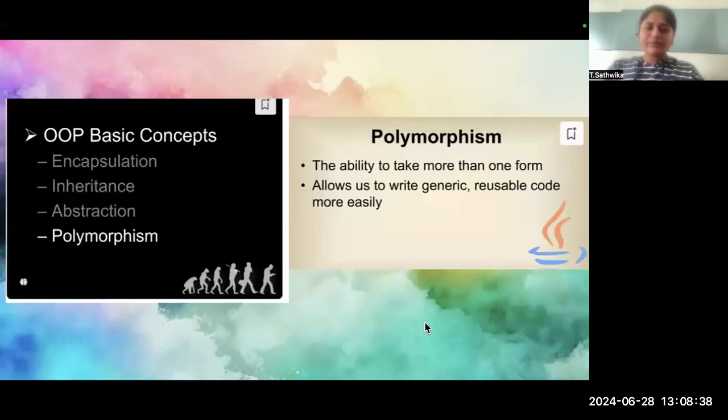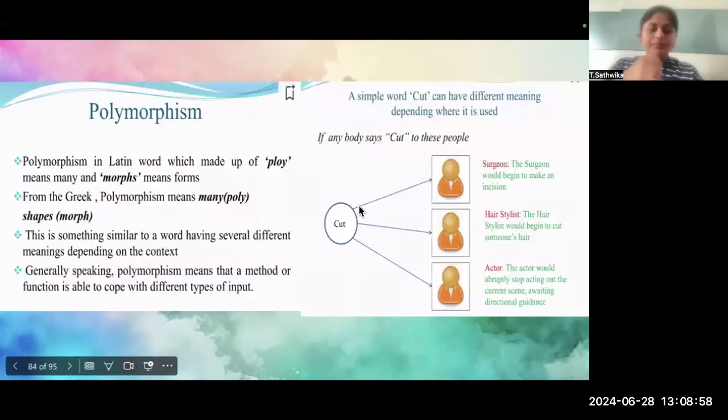Coming to polymorphism. Polymorphism is the ability to take more than one form, and as I have already stated earlier, poly means many and morphism means forms, and it allows us to write generic reusable code more easily. The word polymorphism is made up of poly, which means many, and morphs, which means forms.